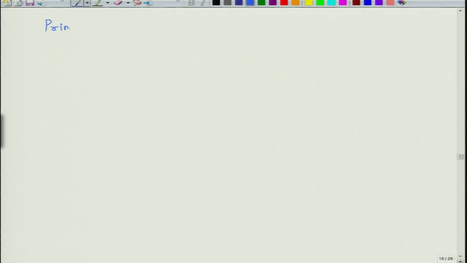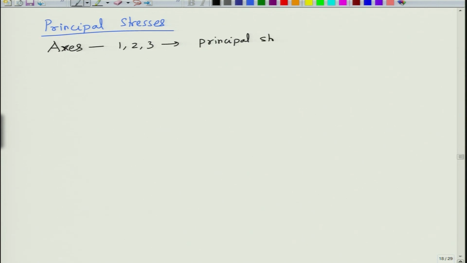So we define what we call principal stresses. Okay. So in principal stresses, generally if you define axes as 1, 2 and 3, then these are called principal stress axes, and the principal stresses will be sigma 1, correspondingly sigma 2, sigma 3.